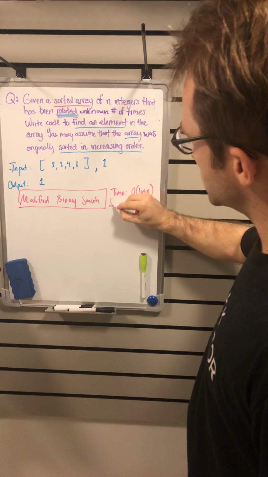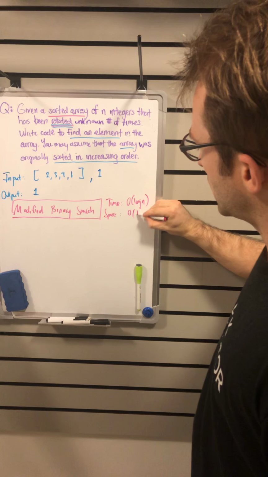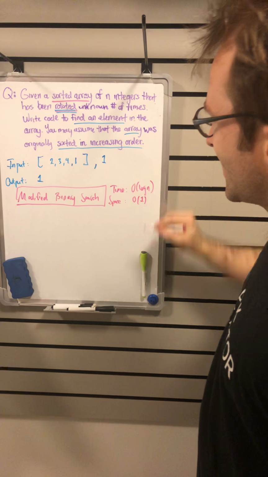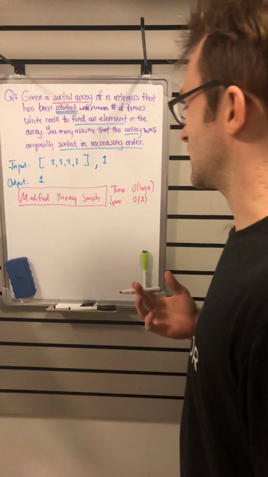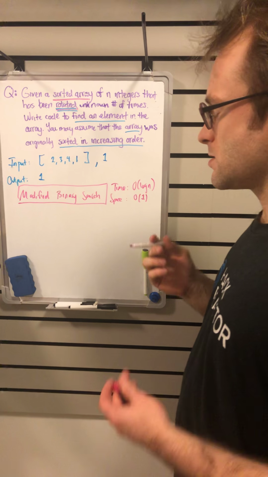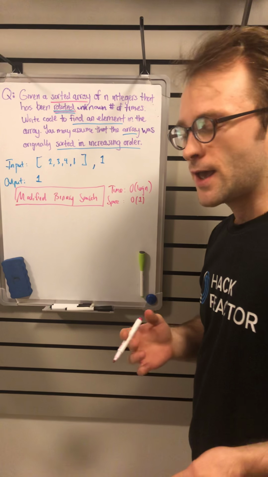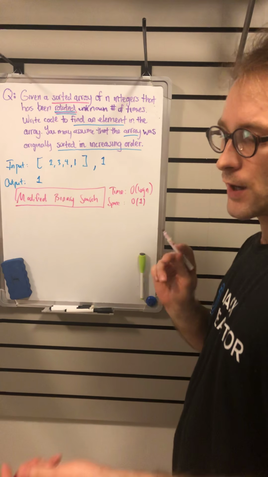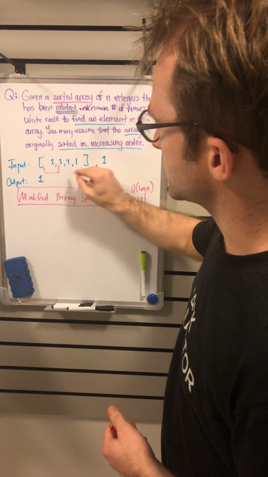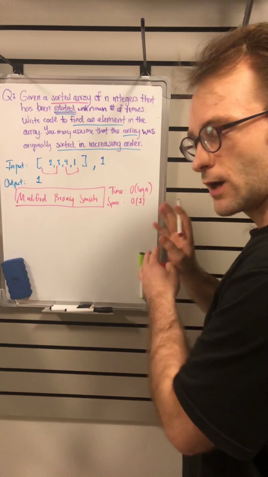And the space for this problem should be O(1) because we are not going to be storing anything. It's all going to be constant. Okay, so with binary search, we usually have a low and a high, and we look at different sections of the array, look at this section, ignore one side, focus on the other.